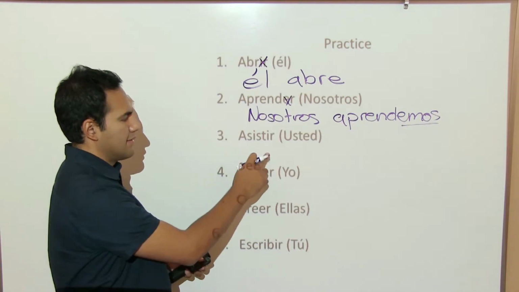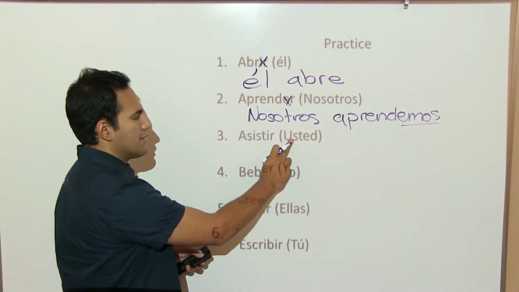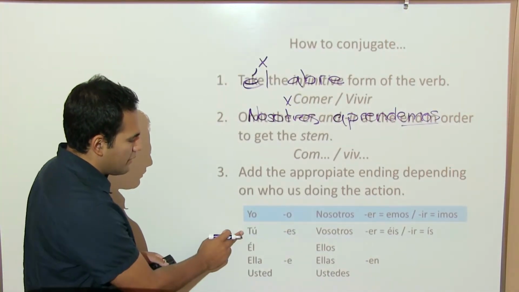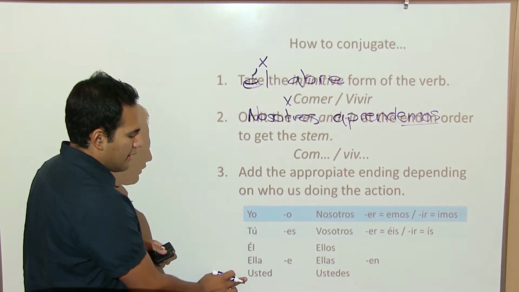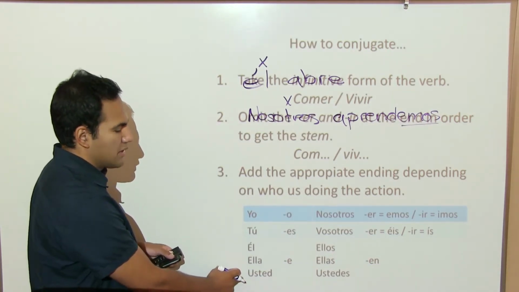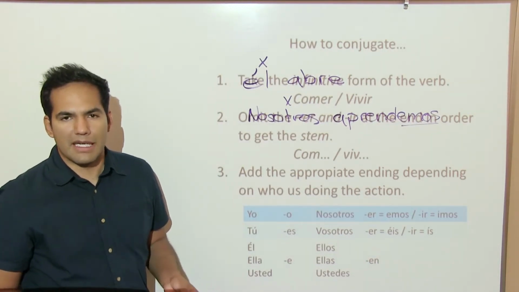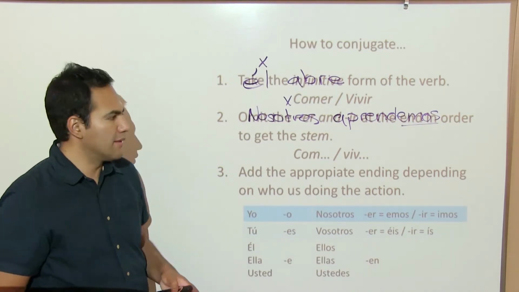The third one is asistir, which means to attend. And we're going to conjugate it to the second person formal. So just wanted to point out that here we have the second person informal, tú, and the second person formal, which is usted. That's something important in Spanish, but you just have to be aware that they have different endings.